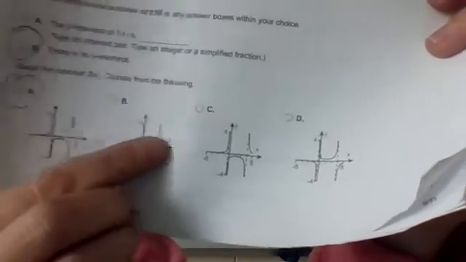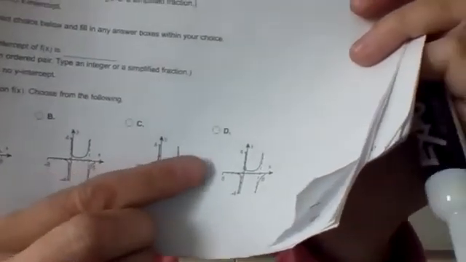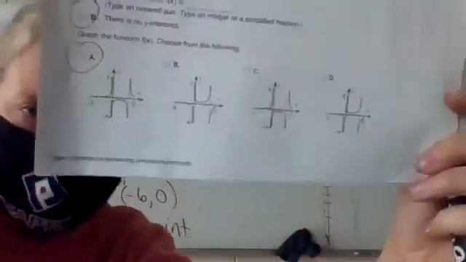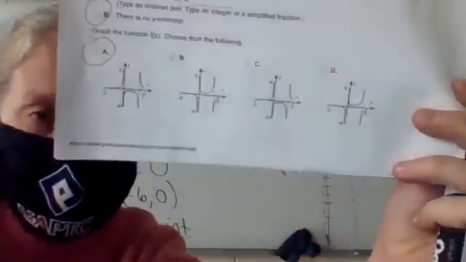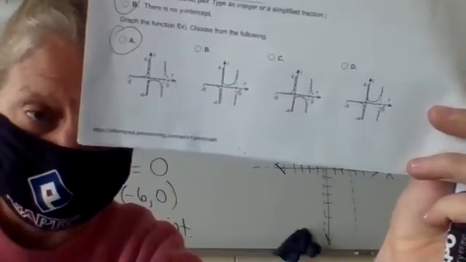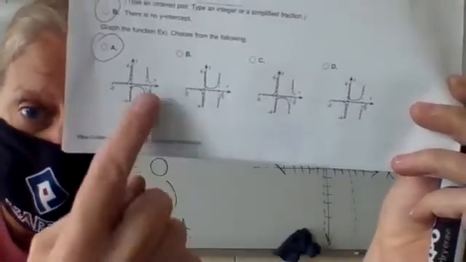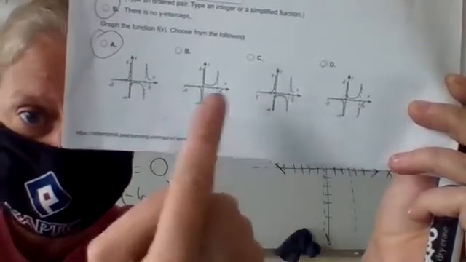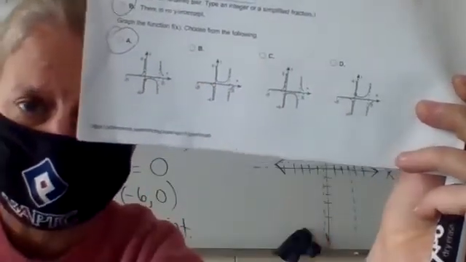So does B, so does C, so does D. So they all have the same horizontal and vertical asymptotes. They obviously look different. Some of them look very similar. A looks very similar to C. B looks very similar to D.